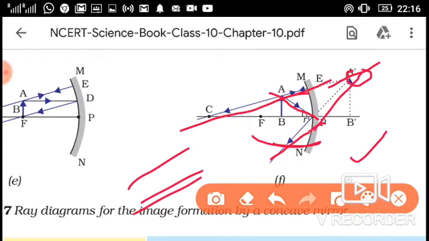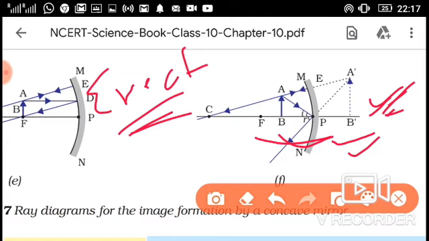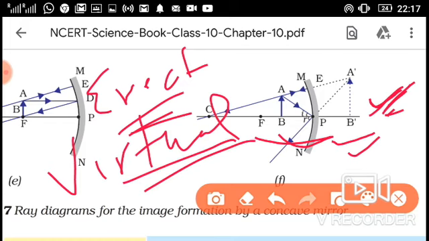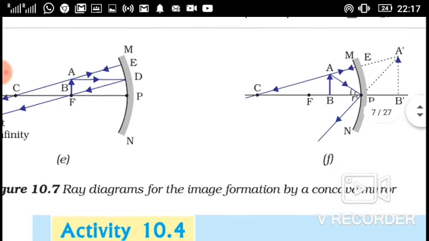So you see, this is a different case, because in this case an erect image is formed. Okay, when the object is placed between P and F, an erect image is formed. And second, it is formed behind the mirror. I told you, if it is formed in front of the mirror, then it will be real and inverted. If it is formed behind the mirror, then it will be erect and virtual, because you cannot get this image on paper. Okay, so these are the images.